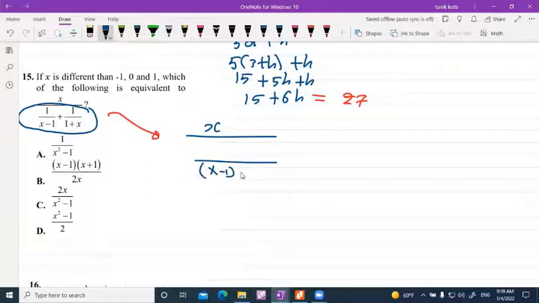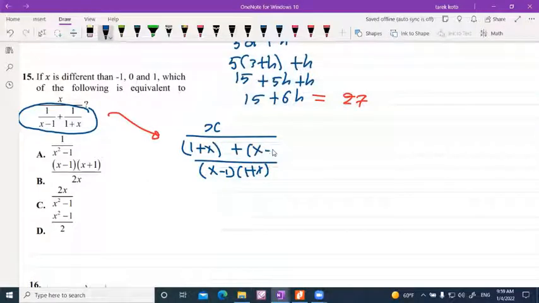How can you simplify this? You have to get a common denominator, which will be x minus 1 times 1 plus x. Then multiply 1 plus x times 1, and multiply the x minus 1 plus 1.